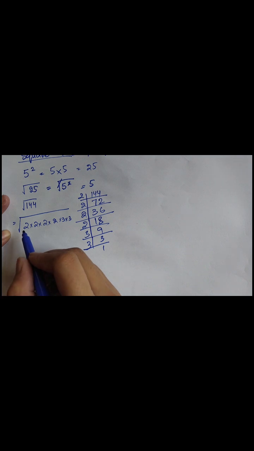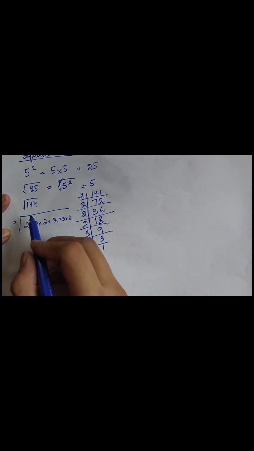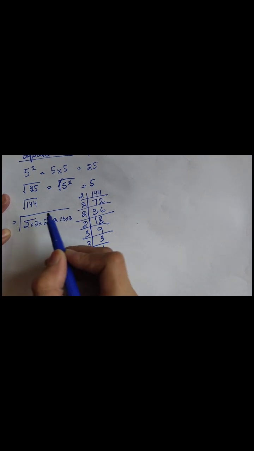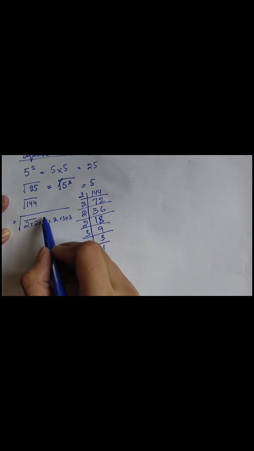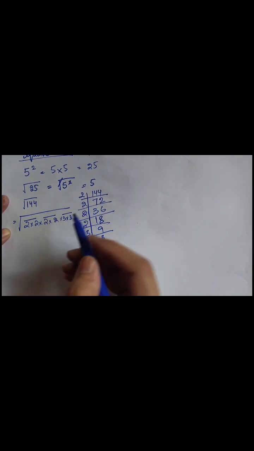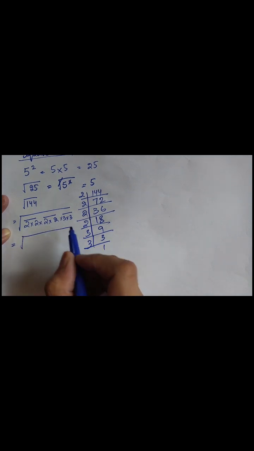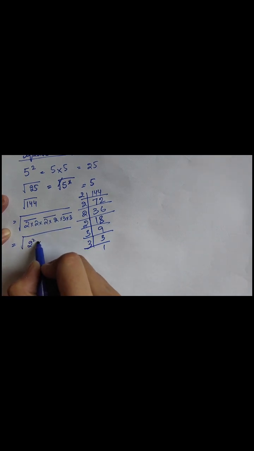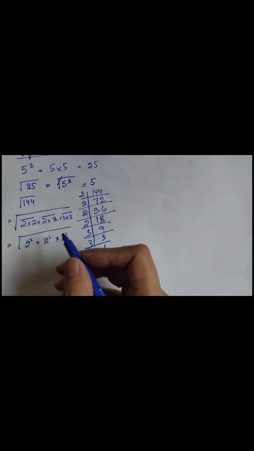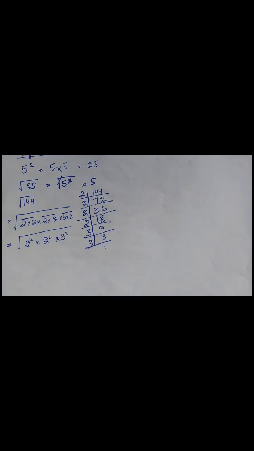Now you have to pair them. Pair means you take 2 values in each pair, 2 then 2, and then 3. These are the 3 pairs, 2 pairs of 2 and 1 pair of 3. You will write 2 square into 2 square into 3 square, because 3 is multiplying by 3, so we write it as 3 square, and 2 multiplying by 2, so we write it as 2 square.